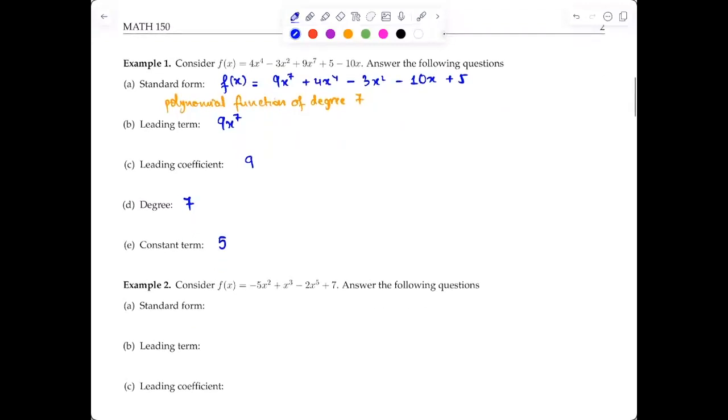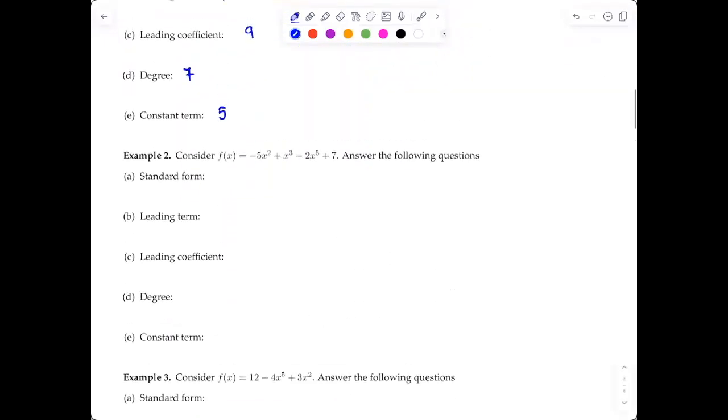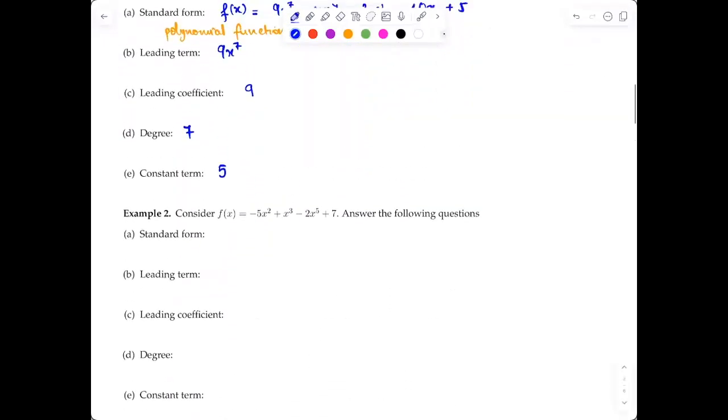Now, similarly, let's do examples 2 and 3. Right, so you write the function in standard form, that is, starting from the highest power and writing down to the lowest power. f of x equal to negative 2 times x to the 5th power plus x cubed minus 5x squared plus 7. Nice. This is a polynomial function of degree 5.